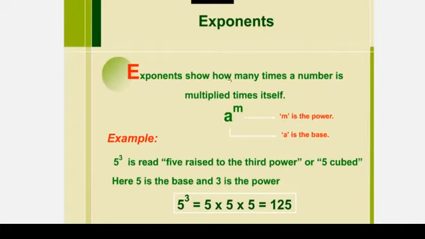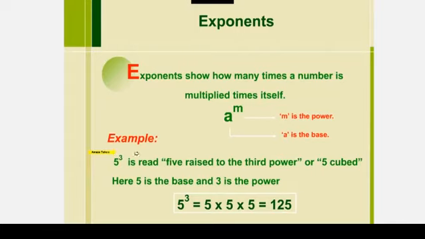Okay, let's start practicing. Let me give you the definition one more time. Exponent or index. Exponents show how many times a number is multiplied times itself. For example, a power m. A is the base, m is the power or index.